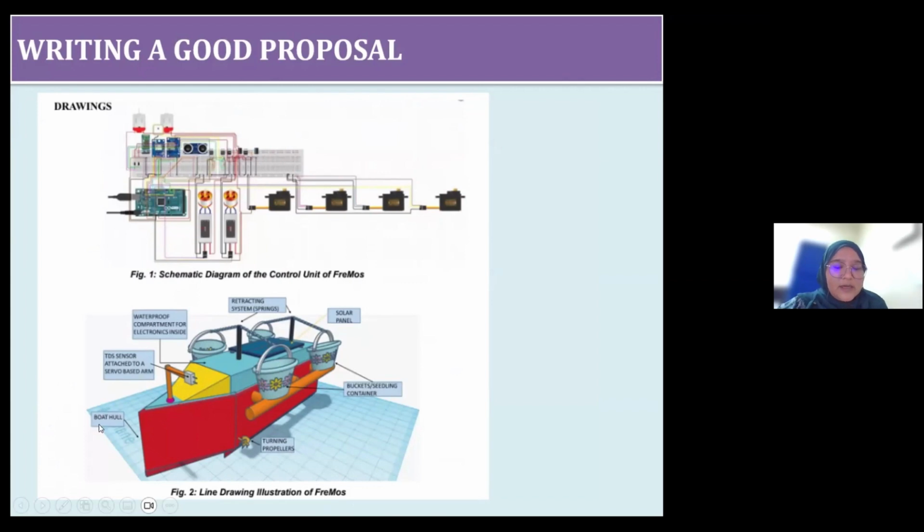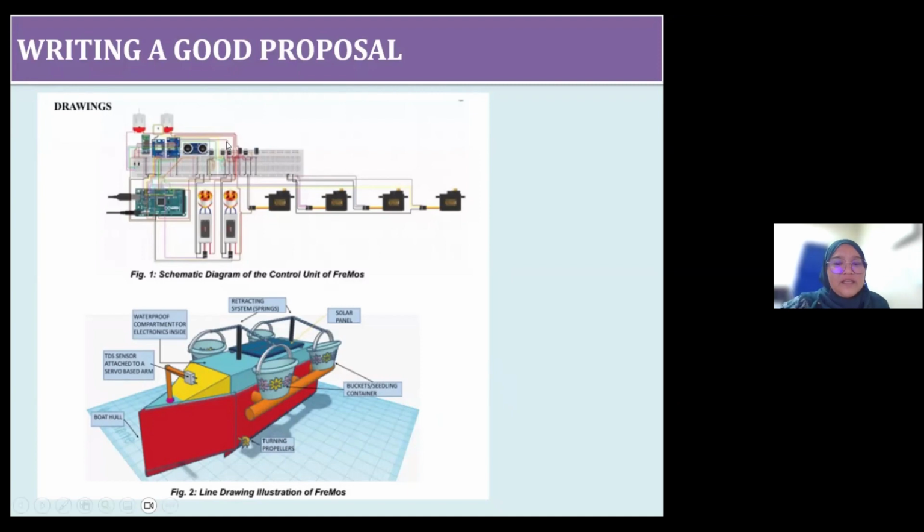See, it's complete to show us what the product or innovation is about, together with labels to show us the items on the product. So it's a very clear, very nice illustration or drawing to show the judges.